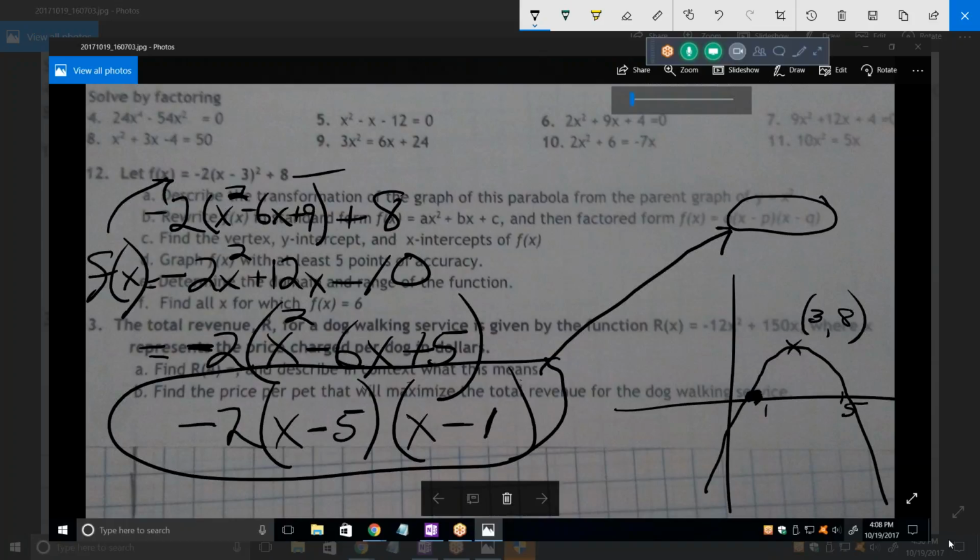Okay. Question C. Find the vertex, y-intercept, and x-intercepts. Well, we just found the x-intercepts. We found the vertex because we looked at the original format, and the vertex was at 3, 8. Now, how about the y-intercept?